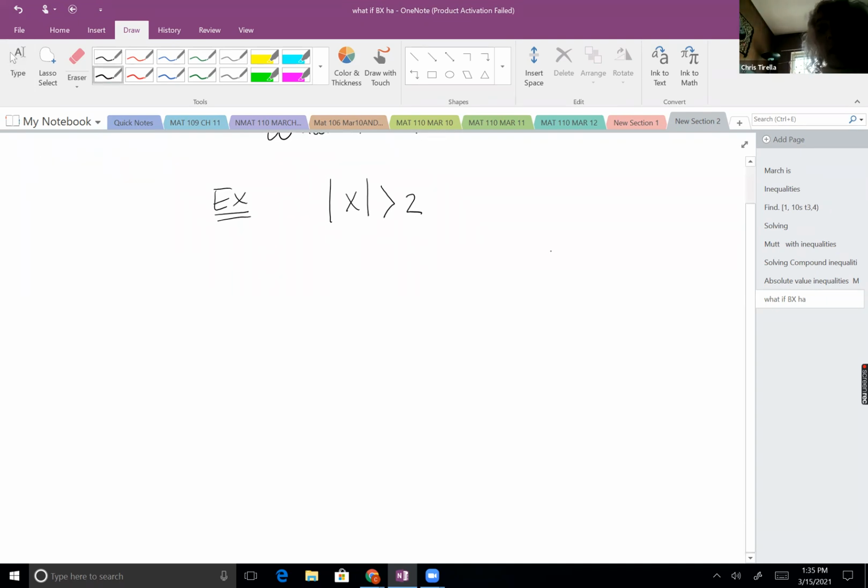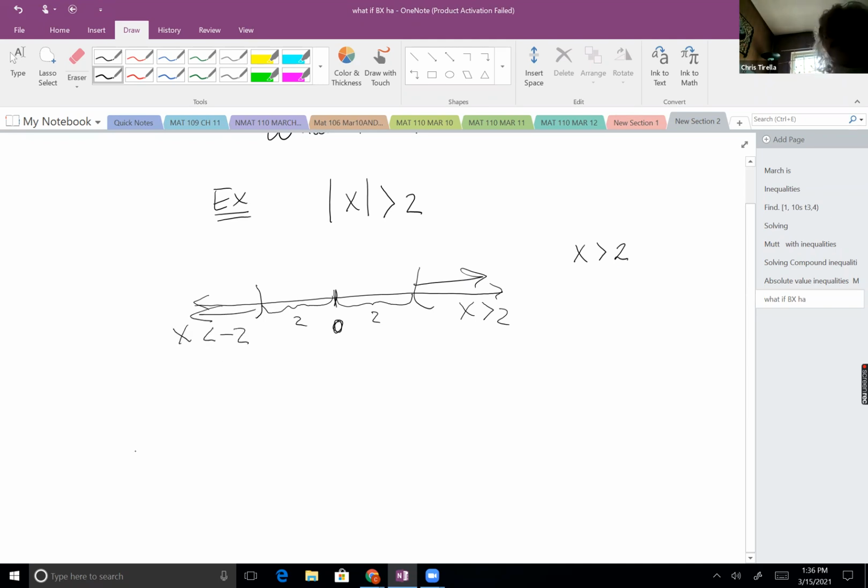Well, I think it would be obvious that x can be any number greater than 2, 3, 4, 5, and so on. But I think we need to include a little bit more. If we look at that definition of absolute value as being the distance from 0, if I want everything that's further than 2 away from 0, I could get all of those numbers bigger than 2. But in the other direction, couldn't I also get all of those numbers smaller than negative 2?